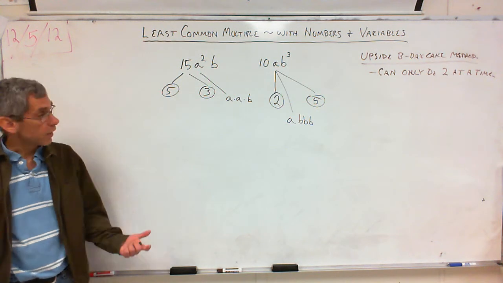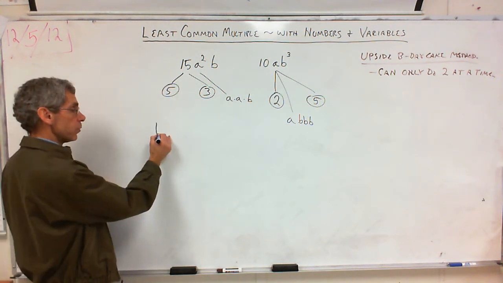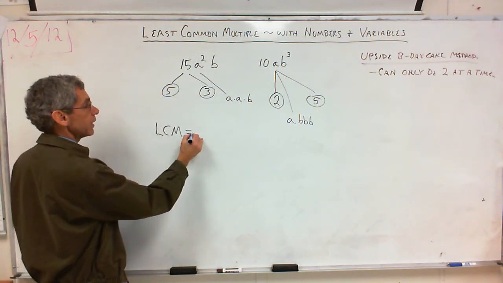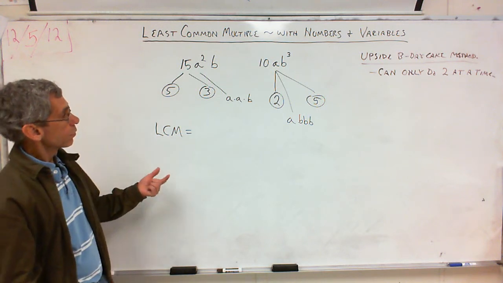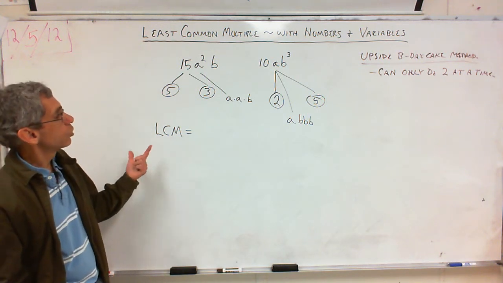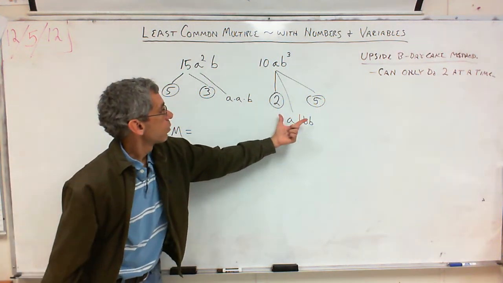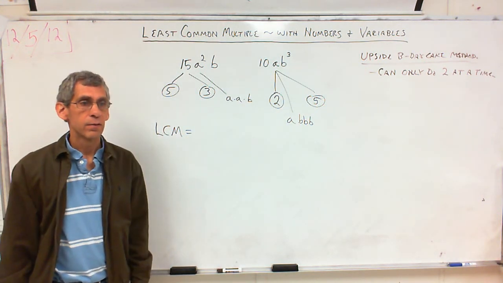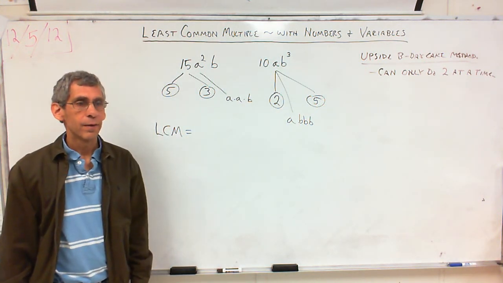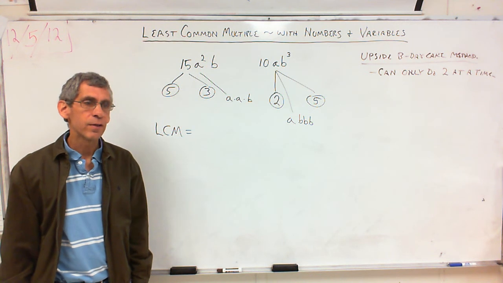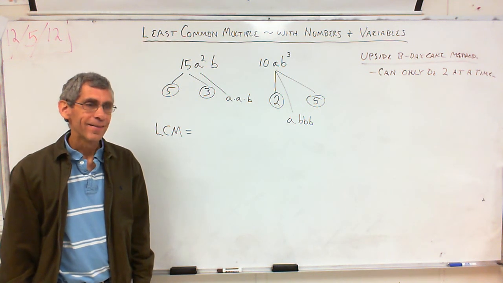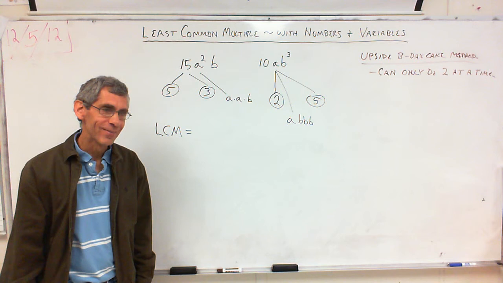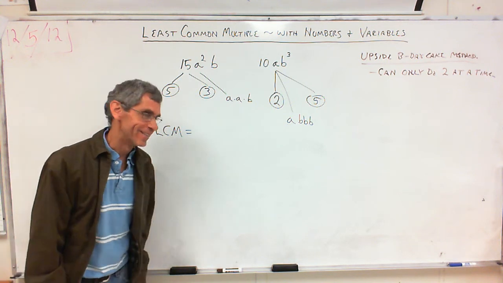So now our least common multiple is going to be, first we'll deal with 2's. Are we assuming variables are prime numbers? That's a very good question, on video.